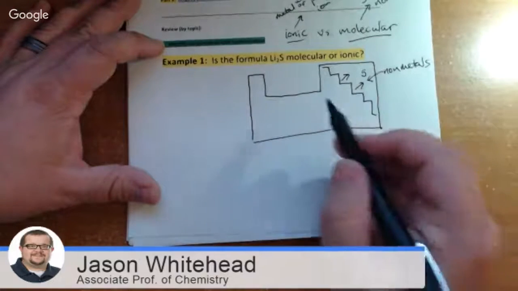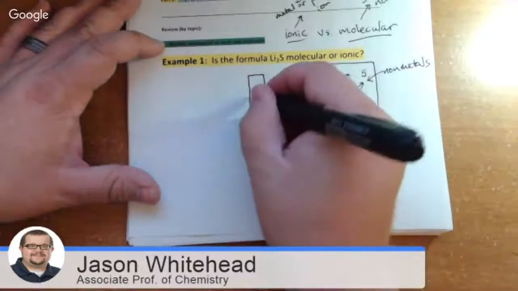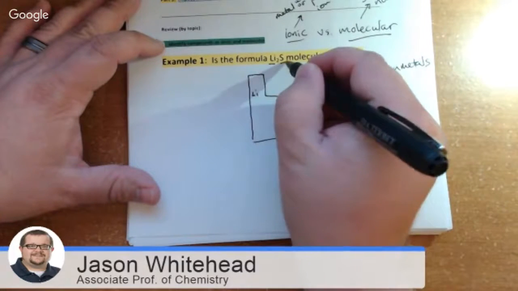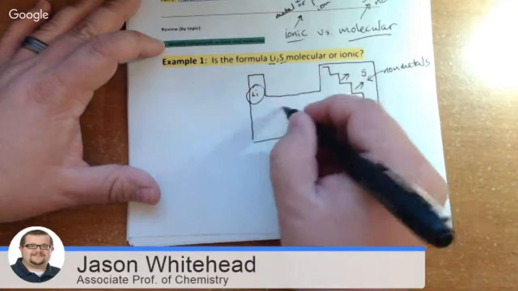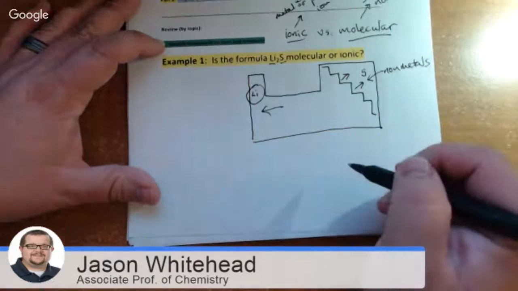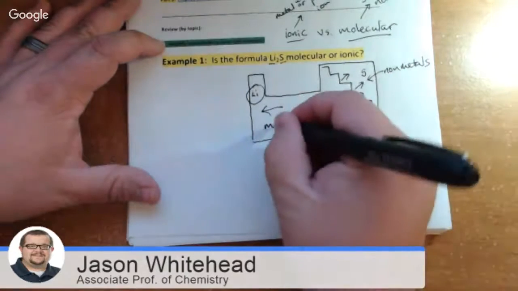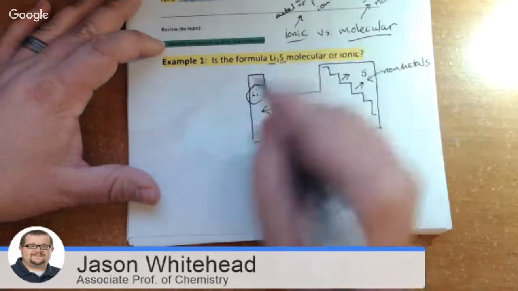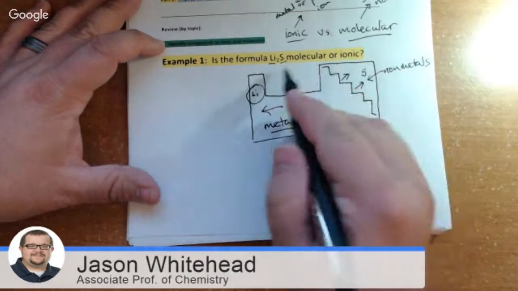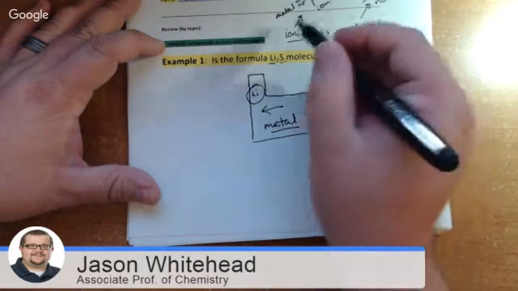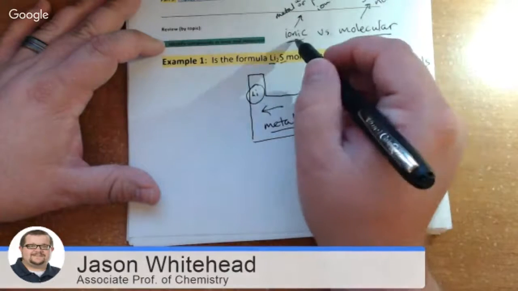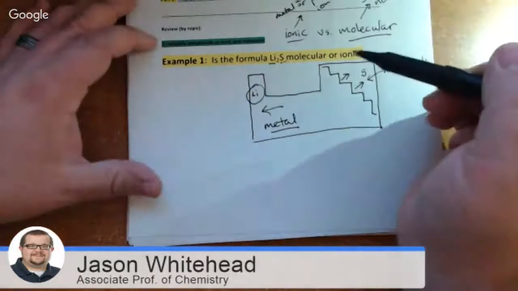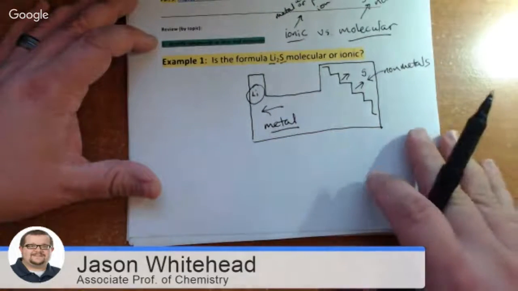But if you look over here on the left side, that's where you're going to find lithium, because we have 2 elements here, both lithium and sulfur. Lithium is on the left side of the stair step. Anything on the left side of the stair step is a metal. Because this formula contains a metal, we can answer this question. Li2S is going to be ionic because ionic compounds contain metals or polyatomic ions. We're going to spot one of the two. Okay.